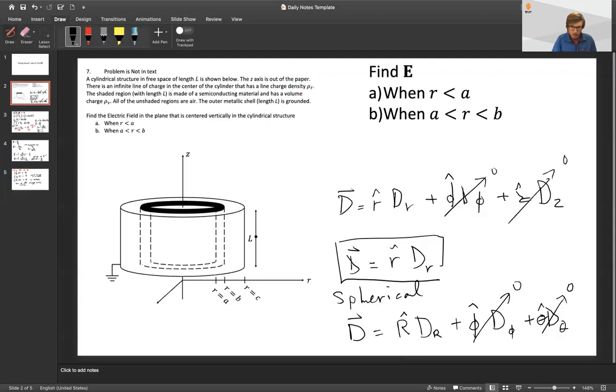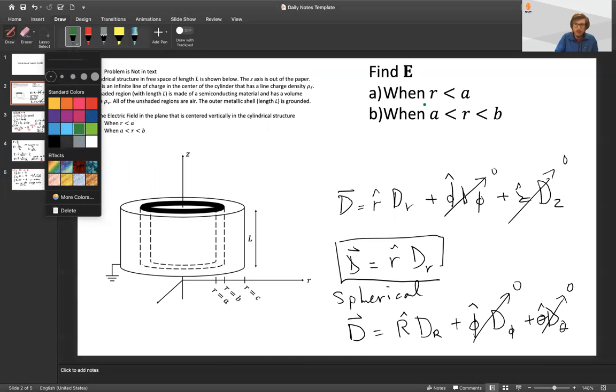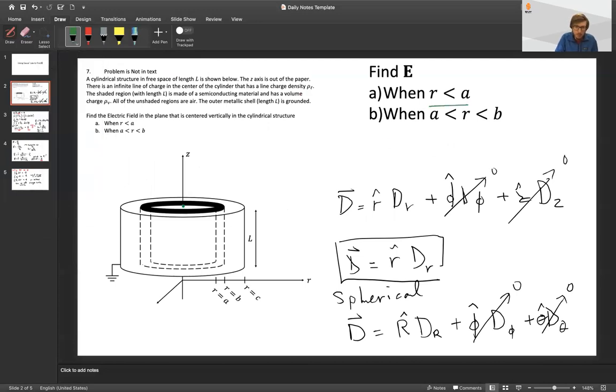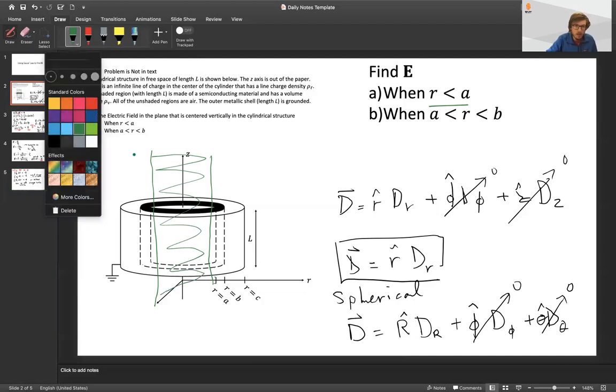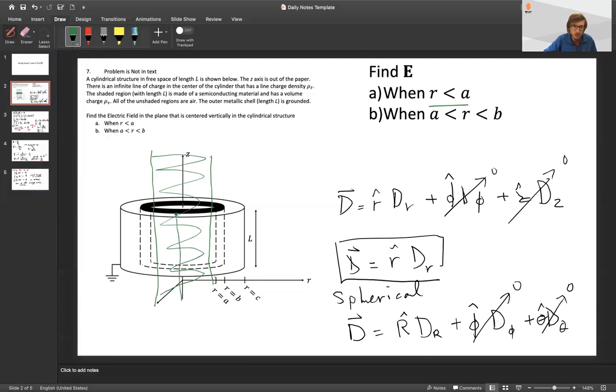So when we are inside of A, for part A, this part asks, what is the total amount of charge contained within this region, all the way up to just before the shaded part? We know from the problem statement that there is a line charge all the way along this axis.